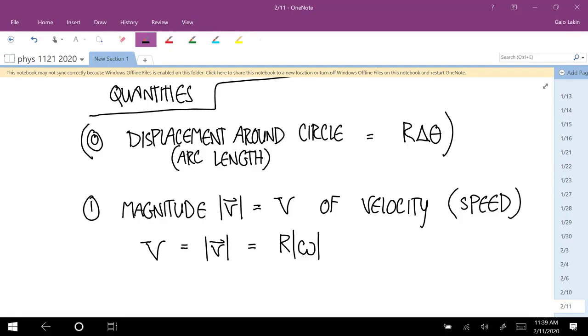What are the units that you get from multiplying the radius of the circle times the angular velocity? Well, since we're calculating a magnitude of a velocity, we know it should be length over time, right? And it works out because the radius of the circle has units of meters, or length, and the angular velocity has units of 1 over time, radians over time, which is 1 over time.